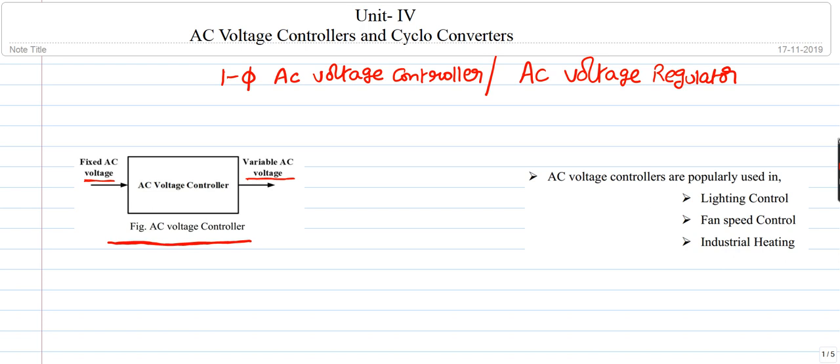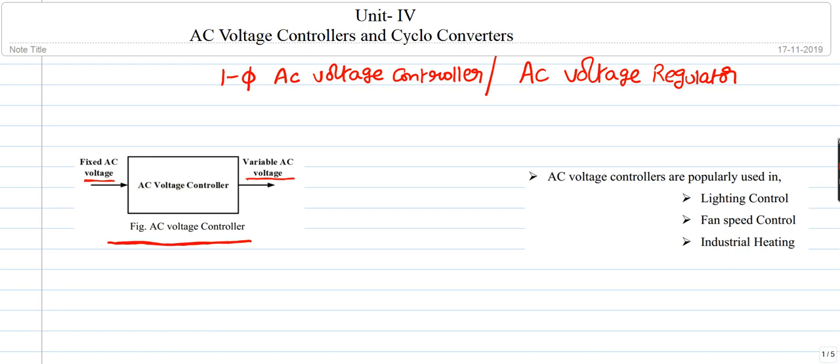So by manually changing these tappings, you can have the variable voltage in the transformer. But in the case of AC voltage controller, simply by changing the firing angle given to the power semiconductor devices in the AC voltage controller, we can have the variable voltage.